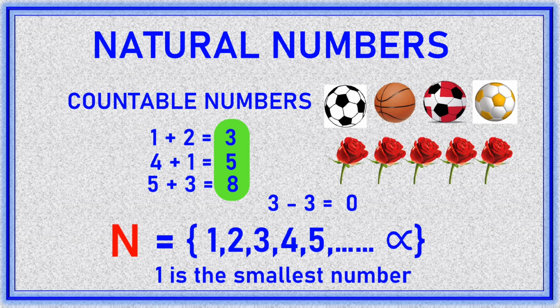If you subtract 3 minus 3, you will get 0. So 0 is not a natural number. Hence, they introduced whole numbers.